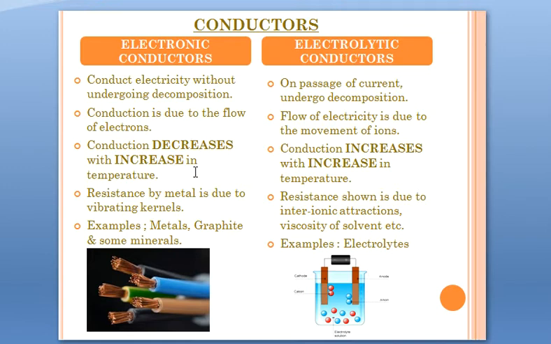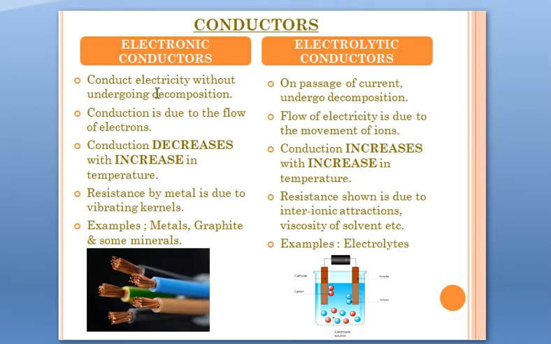The third point is very important and you have to remember this, that in electronic conductors, conduction decreases with increase in temperature. What is the reason? You will have to again visualize that electron sea model of metals, that when we increase temperature, kernels start vibrating. They vibrate so much that they cause a hindrance in the movement of the electrons.